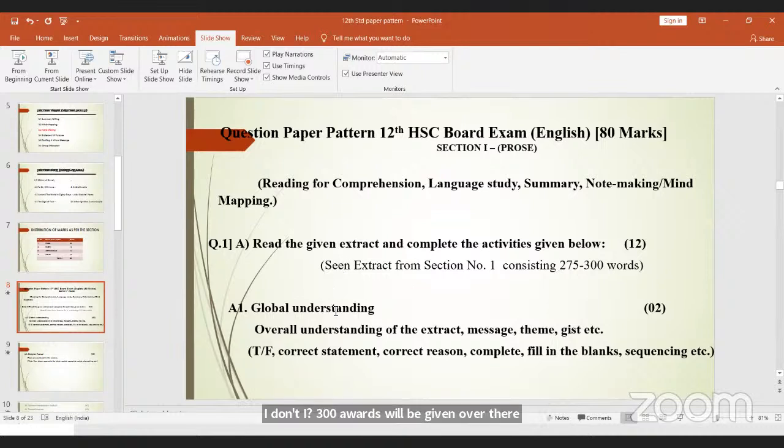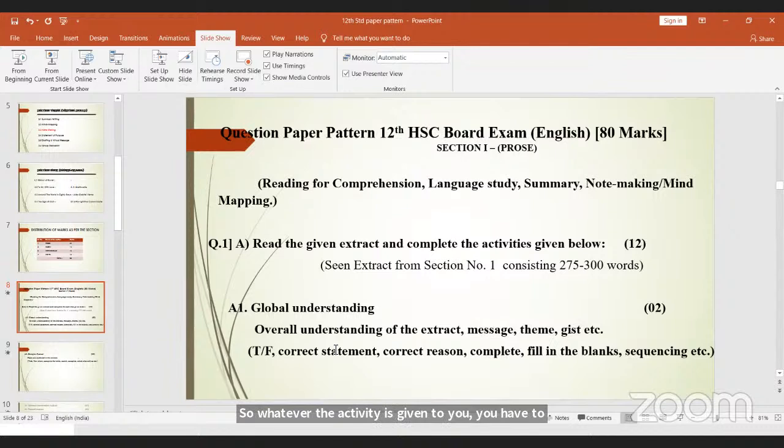The first activity is about global understanding, which is based on the overall understanding of the extract, what the message is, the theme, etc. It's a factual question, so generally it will be asked in the form of true or false, correct the statement, correct the reason, complete the statement, fill in the blanks, sequencing, etc. Whatever the activity is, you have to write in the given format.